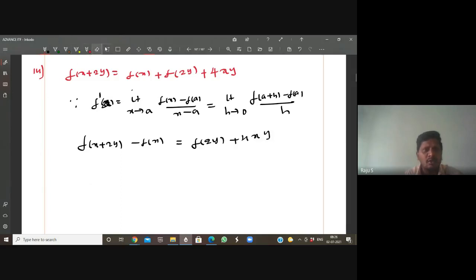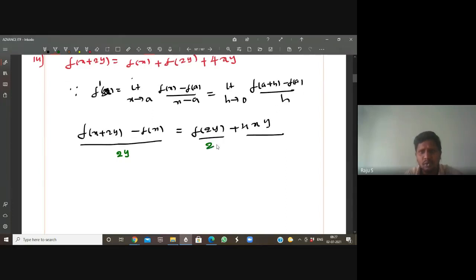Next, I want to divide numerator and denominator by 2y.